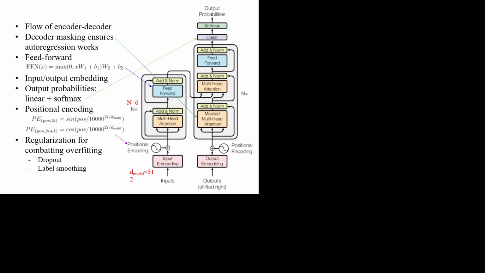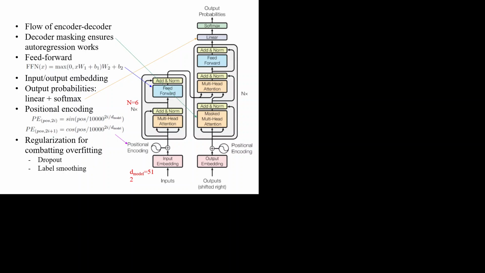And how about the decoder? In the decoder's attention, here is our decoder. Here is also a multi-head attention, but it's masked, so it's slightly different from the encoder's multi-head attention.